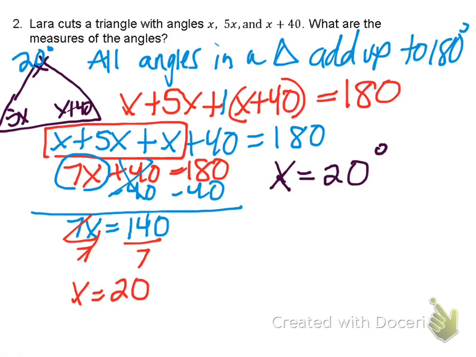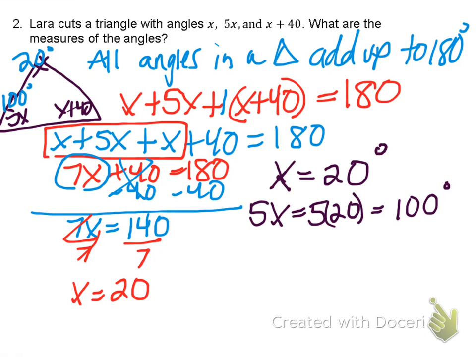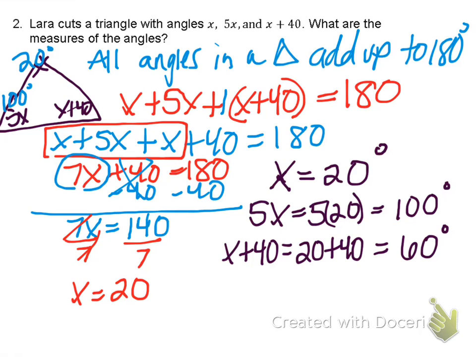And we know that the next one is 5x, which would equal 5 times 20, which would equal 100 degrees. So that would be the second angle. And the third one is x plus 40, which would be 20 plus 40, which equals 60 degrees. So that would be the third angle.